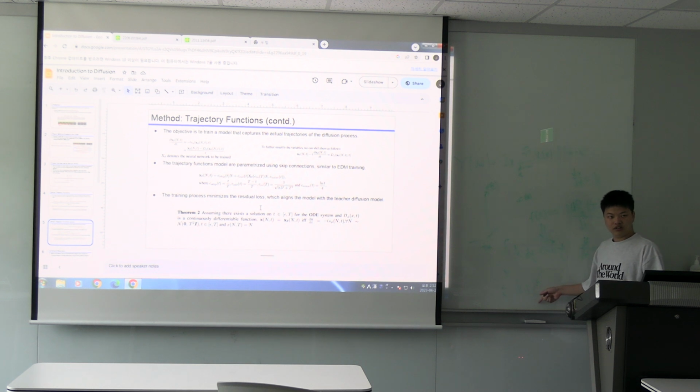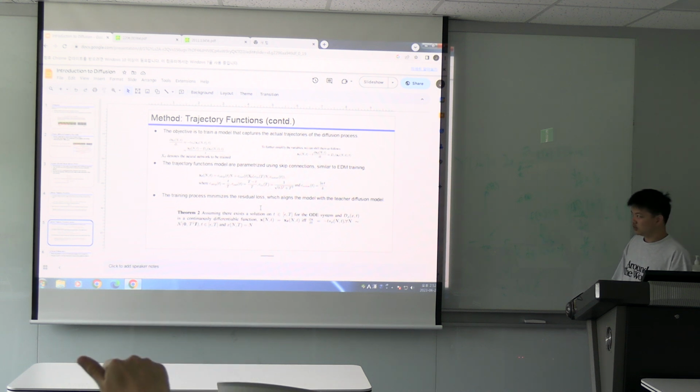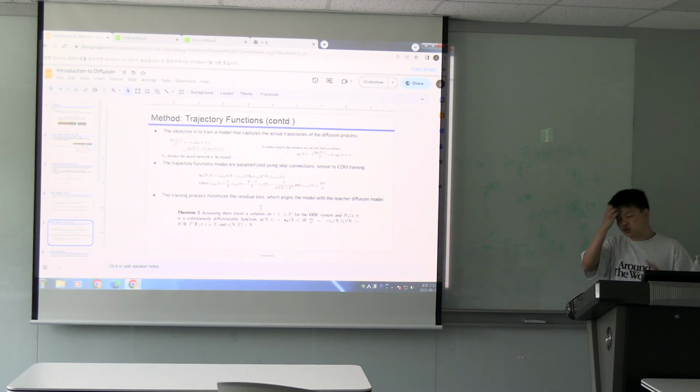But is the initial condition already embedded in the function that you mentioned before, right? C skip, c out, and x_n, right? Yes, x_n is already in the function. So how do we do it is, there's two ways to do it, right? You can either learn to satisfy your boundary condition, or you can create a function that automatically satisfies these boundary conditions.